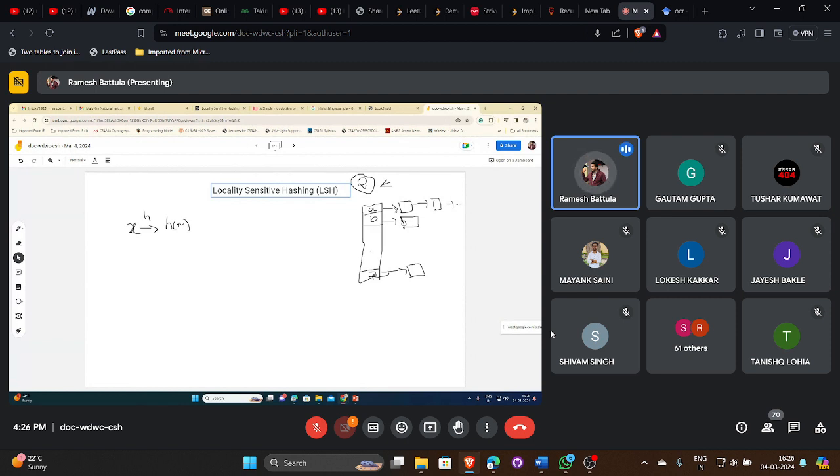But the main point is how to measure the distance, and how this distance is useful in locality sensitive hashing.